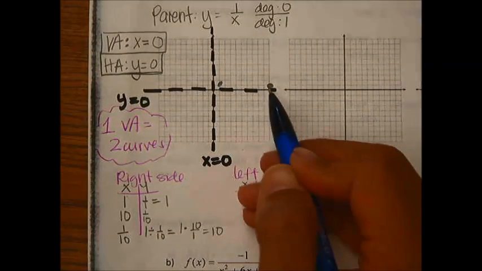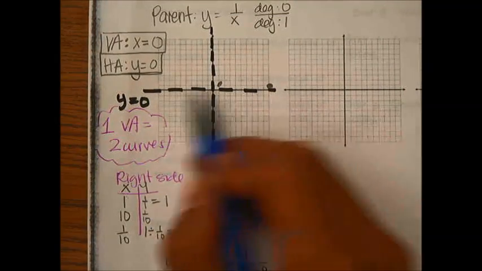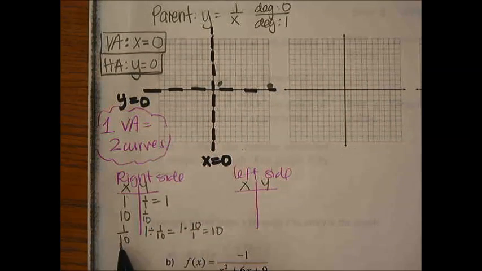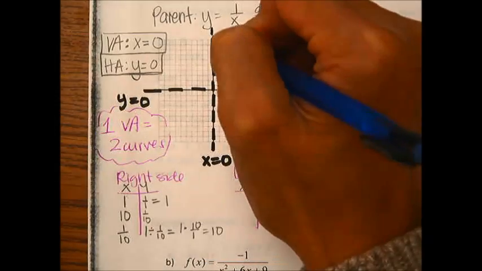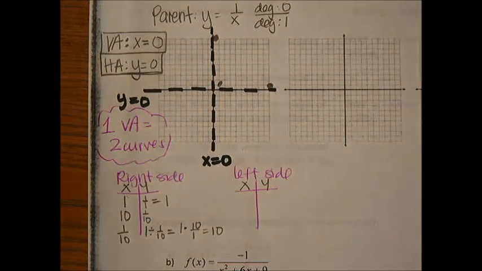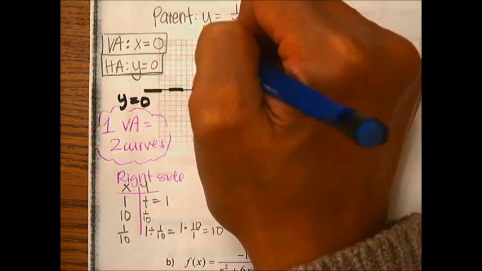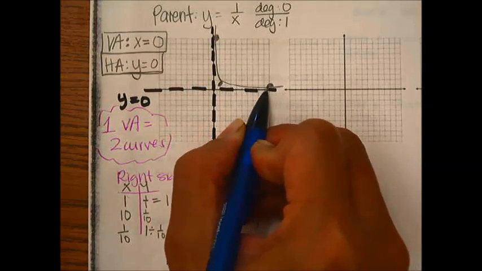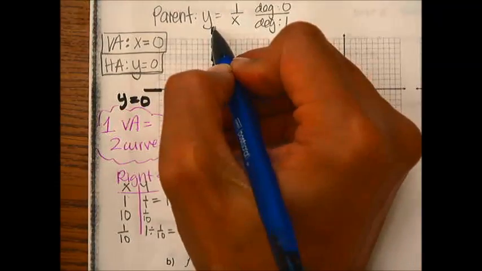So put a dot as close to the asymptote as you can, just try not to touch it. Then when the input is 1/10, the output is 10, so it's right over here somewhere. Again, try not to touch your vertical or horizontal asymptote, but get as close as you can. So that's the right curve.